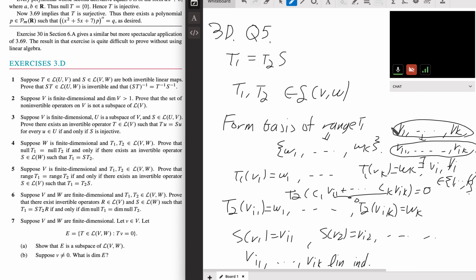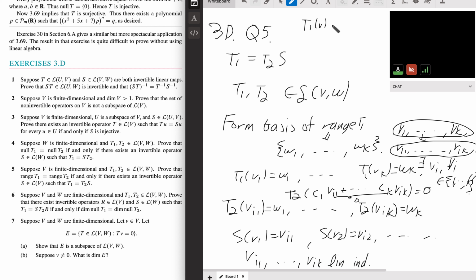But then you can extend V1 through Vk as well as Vi1 through Vik into a full basis of V and map the rest of the elements of the basis accordingly. And then S is a completely injective operator. And T2 composed with S also exactly gives you what you would like, I think.